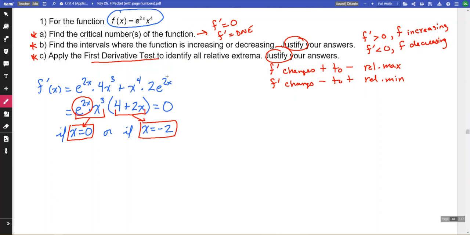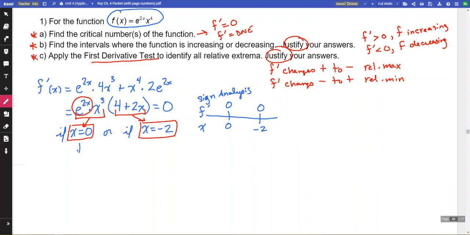Now, how can I figure out if my function is increasing or decreasing? Well, one way to do it is to do a sign analysis. I know that I'm equal to 0 if x is 0, and I'm equal to 0 if x is negative 2. We're talking about my derivative because I'm working with my critical numbers. So my derivative is 0 at 0, and it's also 0 at negative 2.